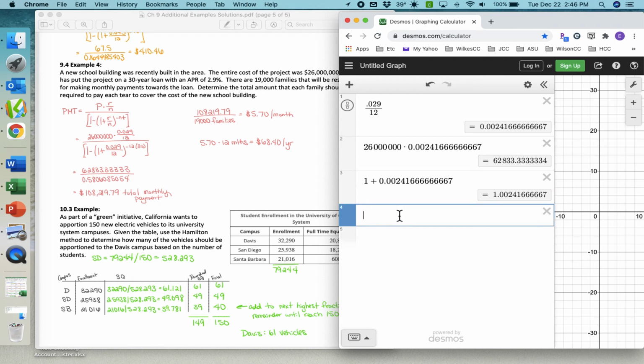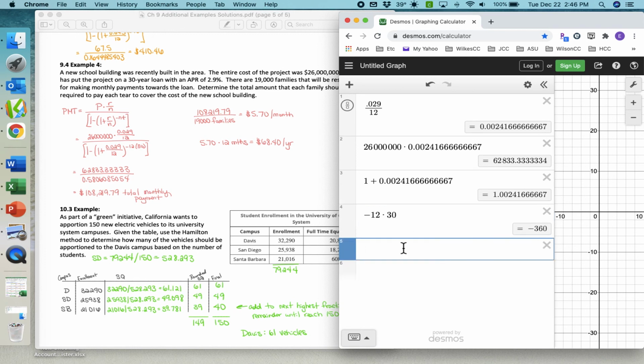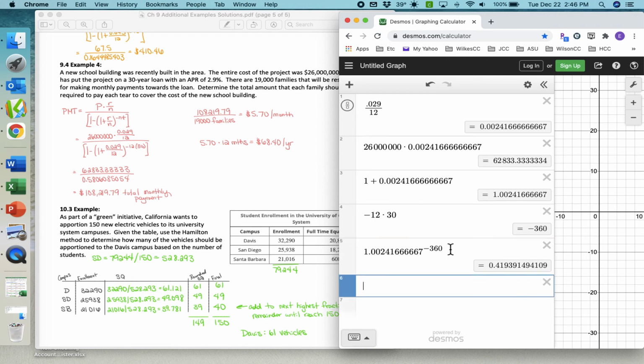And I need to do negative 12 times 30, in case we don't know what that is. And then we take what's in the parentheses, which was this 1 plus 0.002, blah, blah, blah, and raise it to the negative 360. Okay. And then once that is done, we subtract from 1.